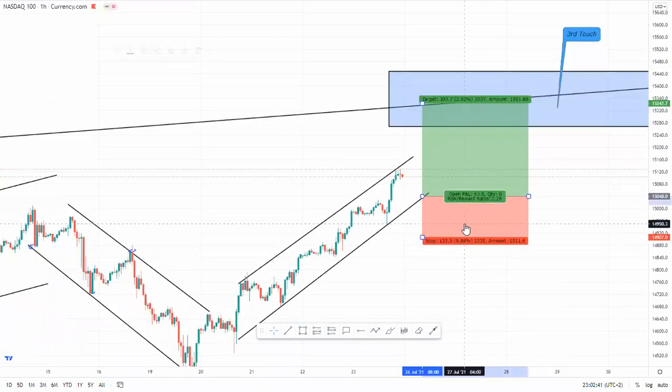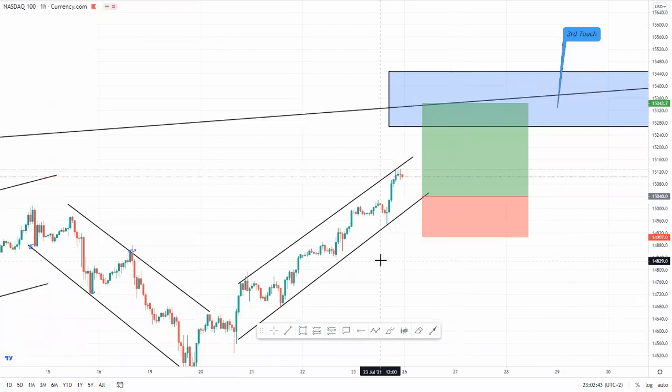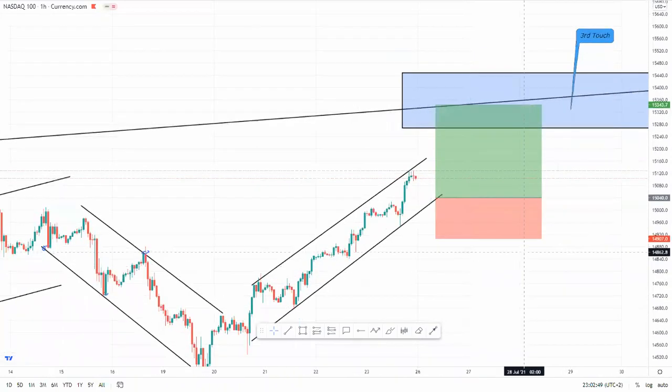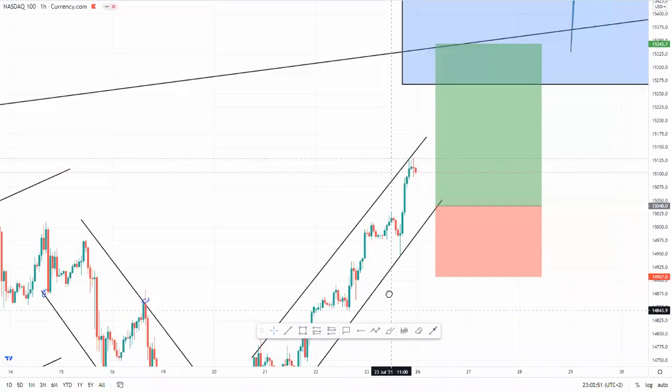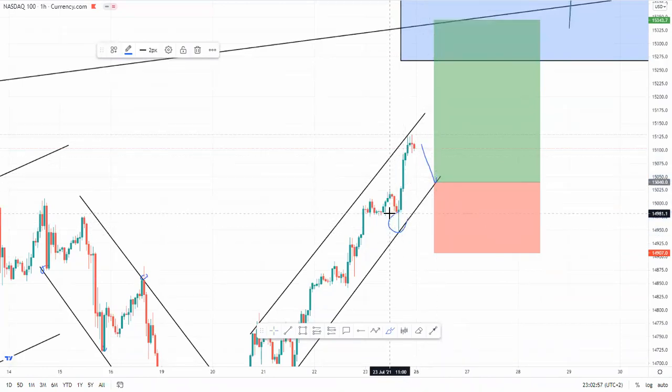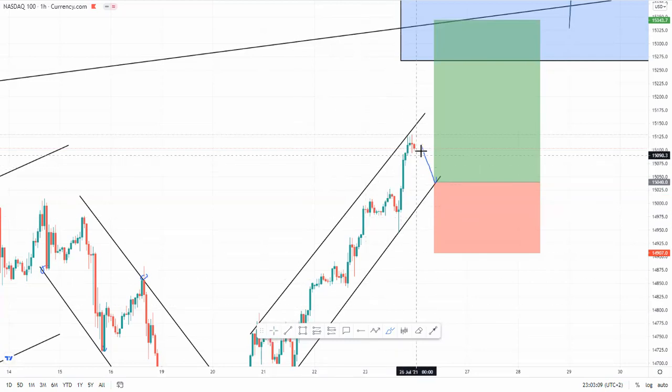You can't. You have to be a robot. You need those sniper entries if you're gonna trade Nasdaq with tight stop losses. Because the market can, like here, you can enter a buy here and then this thing happens. So if your stop loss is tight, it's easily gonna take you out, basically.